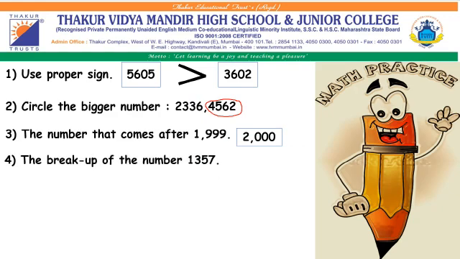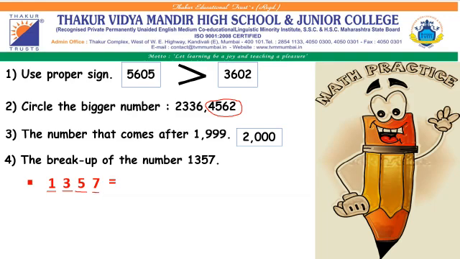The next is the breakup of the number. Here the number is 1357. Let's do the breakup of this number. So first we will take the digits as single digit.